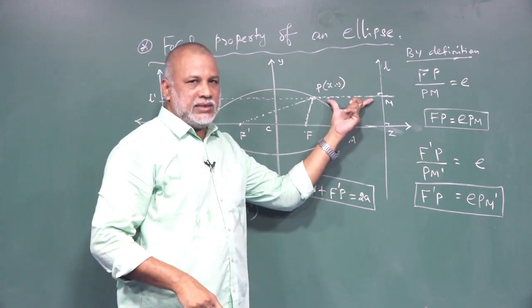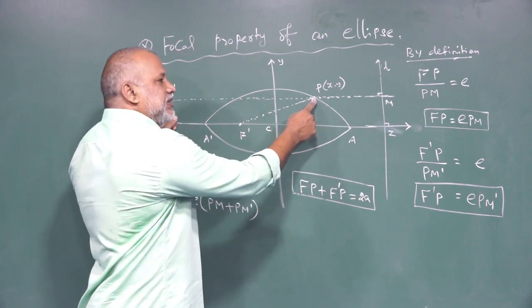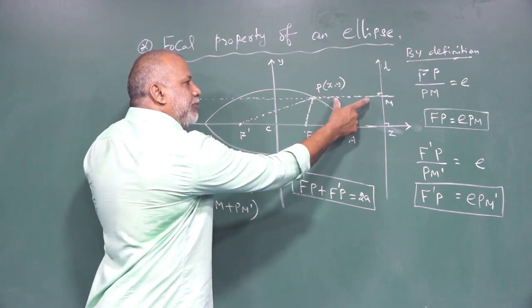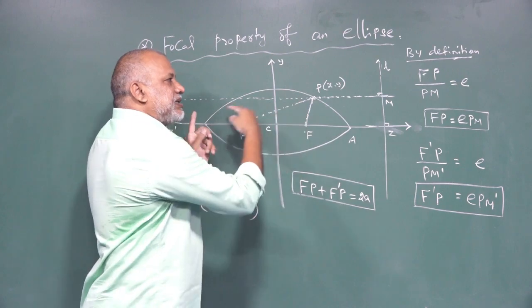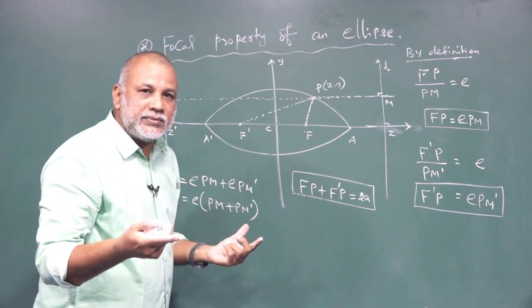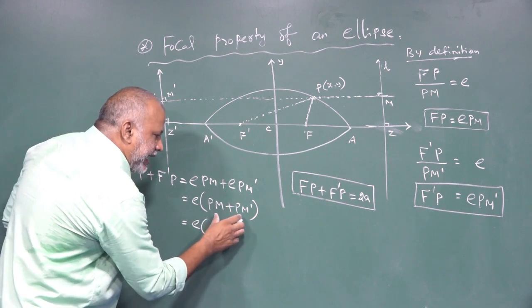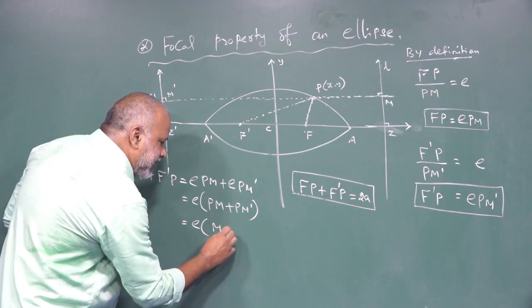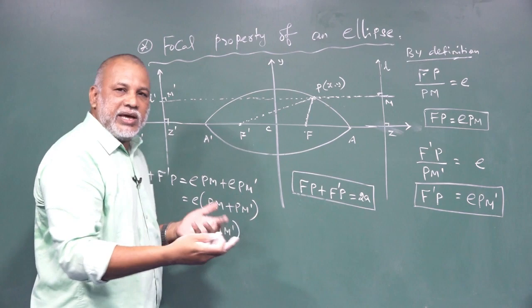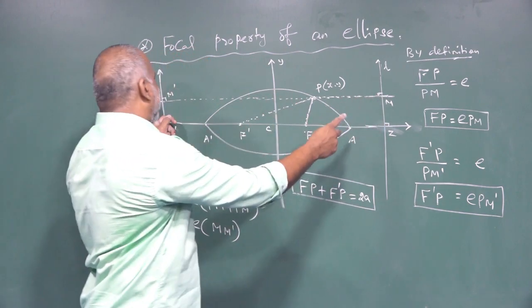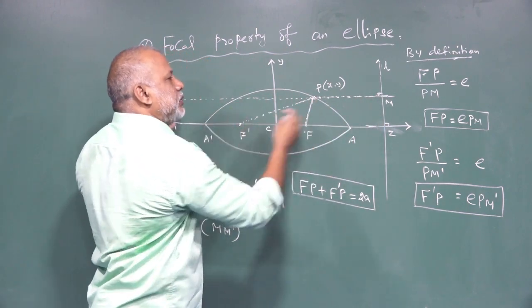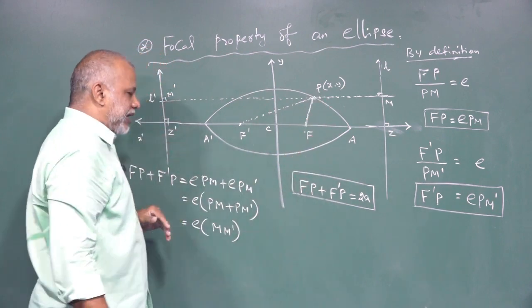PM is this distance, PM dash is this distance. Instead of adding them separately, I can write MM dash. So this is M, this is M dash.